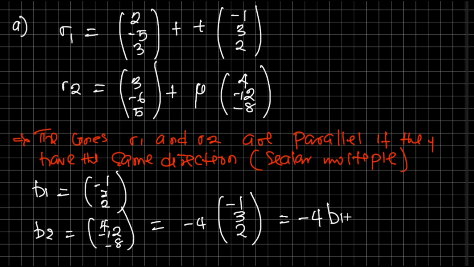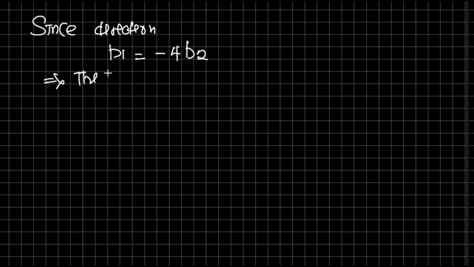By this conversion, we can see that the lines are parallel. Since the direction b2 is equal to 4 times b1, it implies that the lines are parallel.